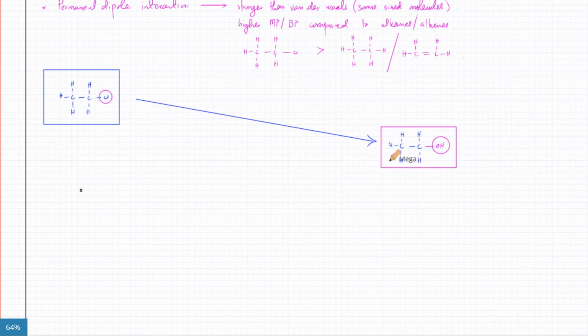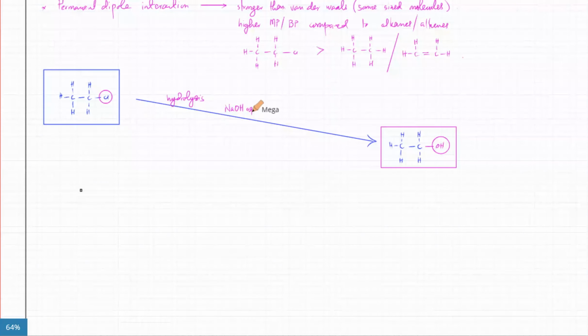So that's the reaction, it's called hydrolysis. And the conditions that are required for that are NaOH aqueous, and reflux. Okay, those are the conditions that are needed. And this is known as nucleophilic substitution. I'll talk about nucleophilic substitution in a bit.